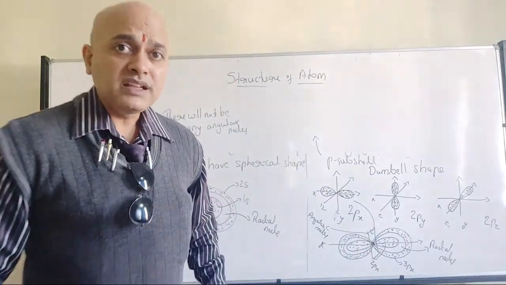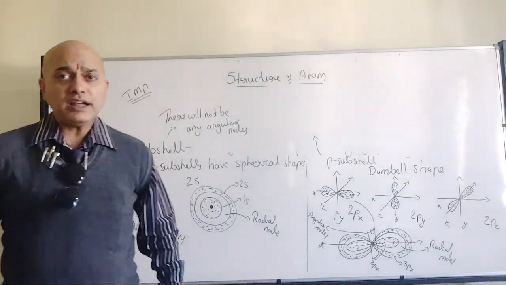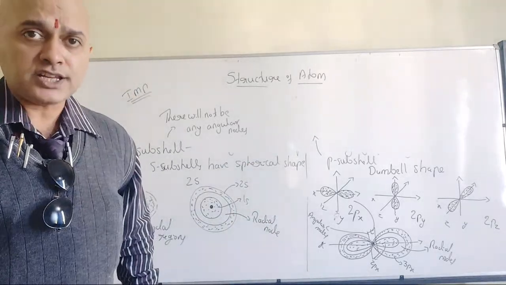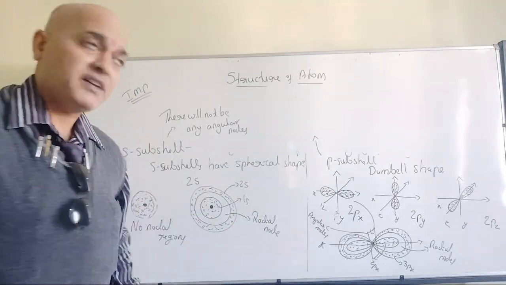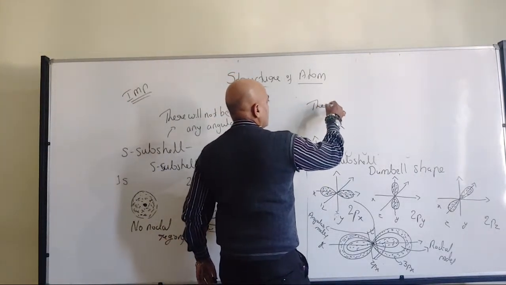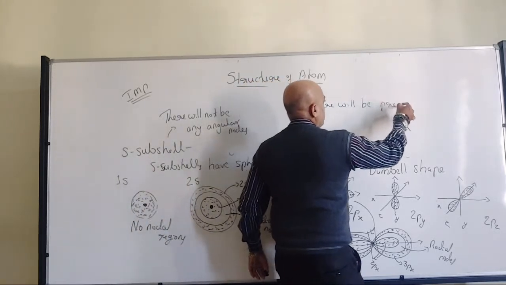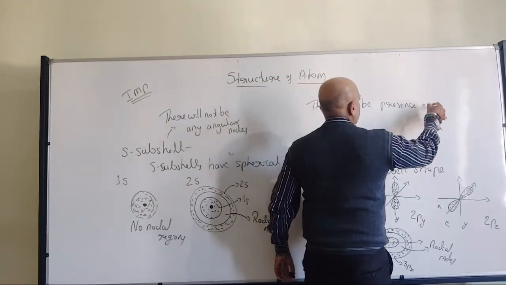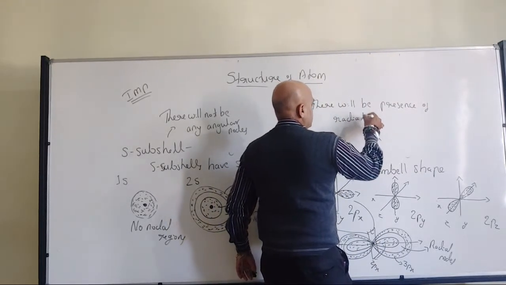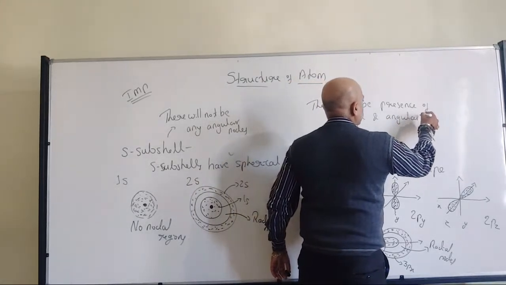Got my point? So naturally, for the S subshell there is no question of angular nodes. It is applicable for the P and D subshells. So in the P subshell, both radial and angular nodes will be there.